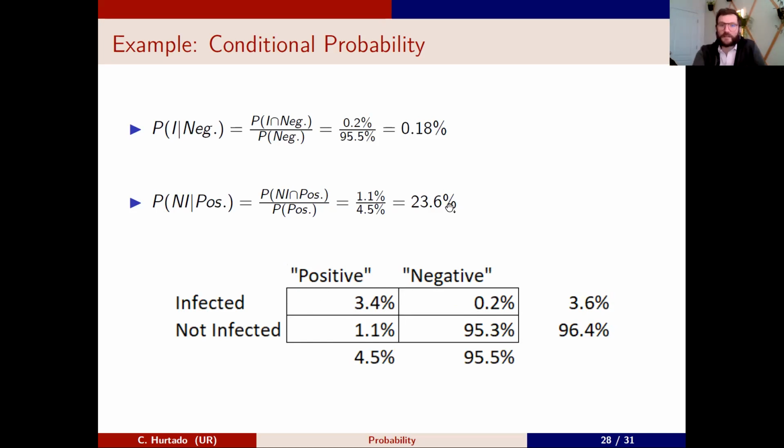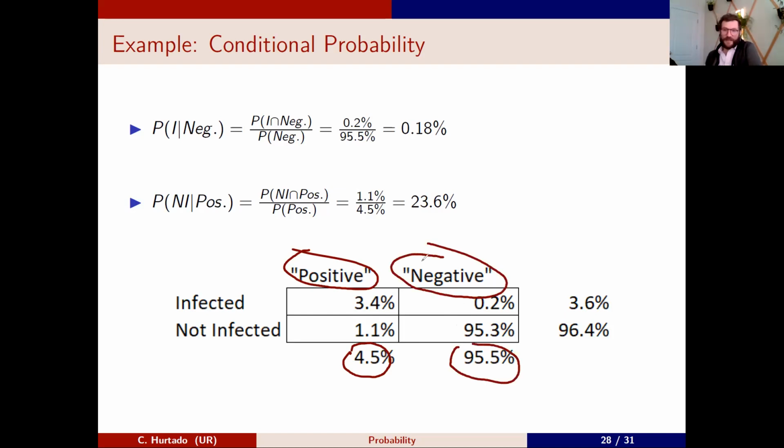And because I have the full table, the full joint distribution, I can now add 3.4 plus 1.1. That's going to give me 4.5% as the probability of getting a positive test. And then 0.2% plus 95.3 is going to give me 95.5, which will be the total probability of negative.